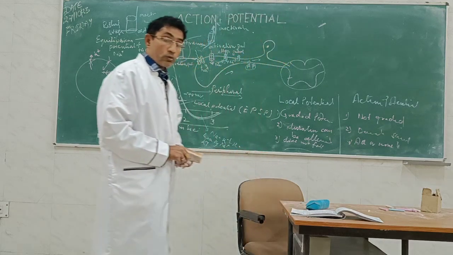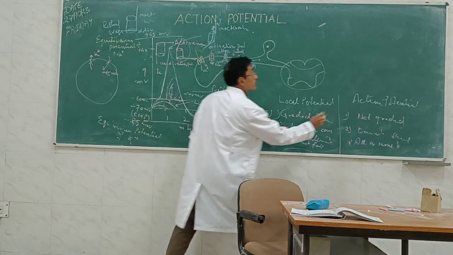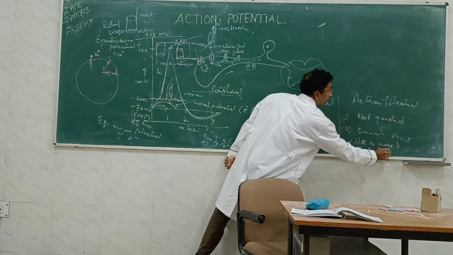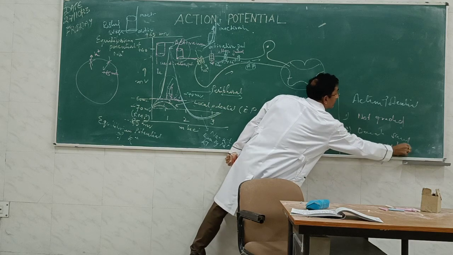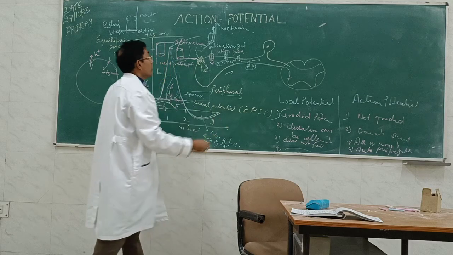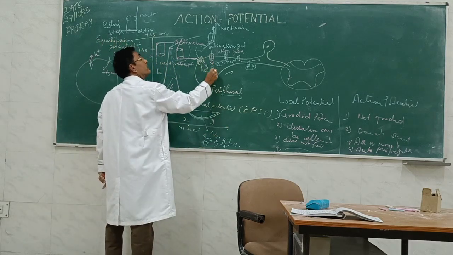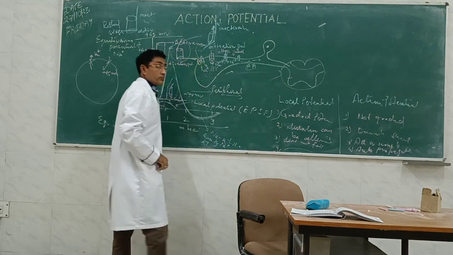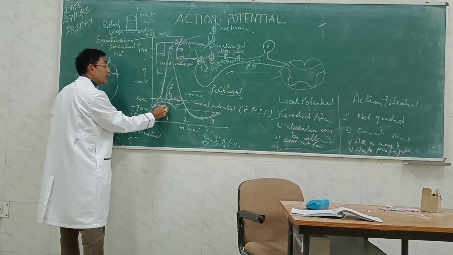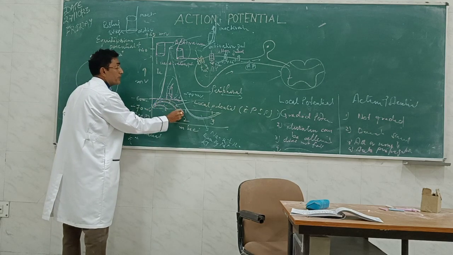Then auto-propagatory. Action potential is auto-propagatory, meaning once it is developed, it will travel. But local potential will not go; once it is developed, it will die there.